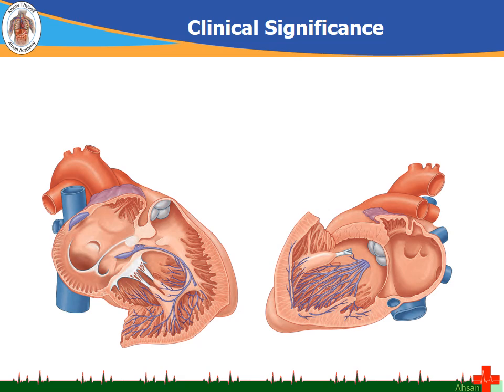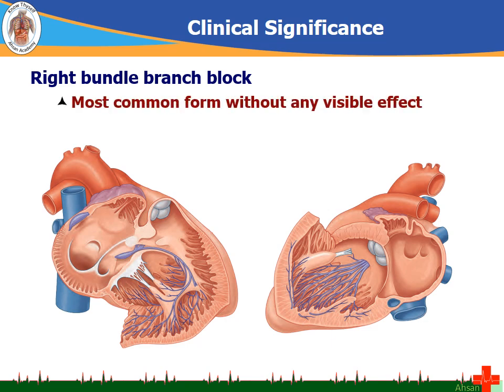Conducting system block is an important clinical condition. In most cases, the block becomes visible immediately if it occurs at the SA node, AV node, or bundle level. But right bundle branch block is very common, and it is significant clinically because the effect is not visible clinically.